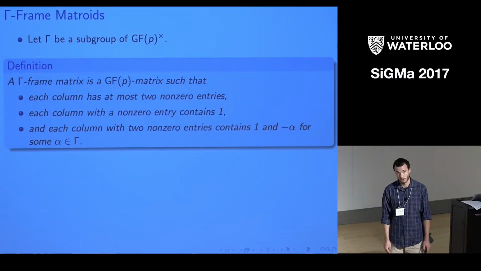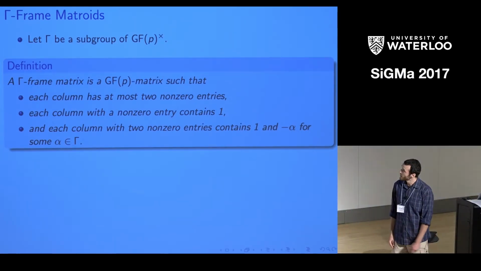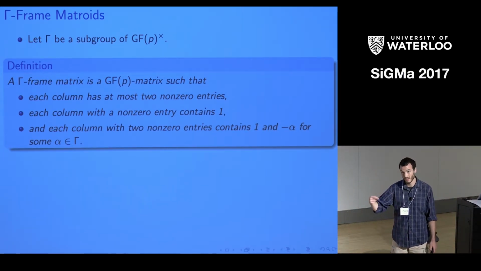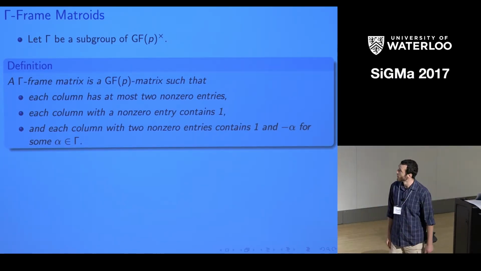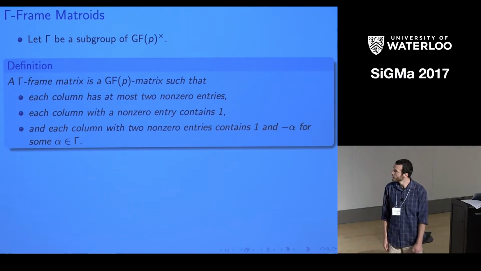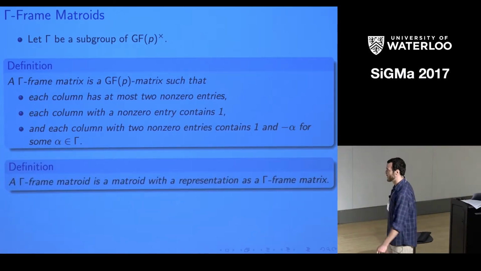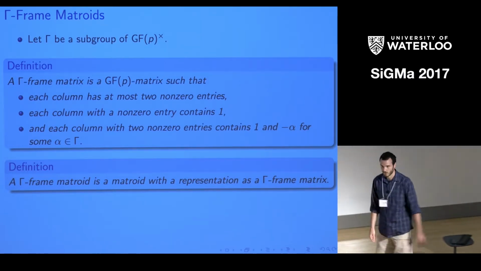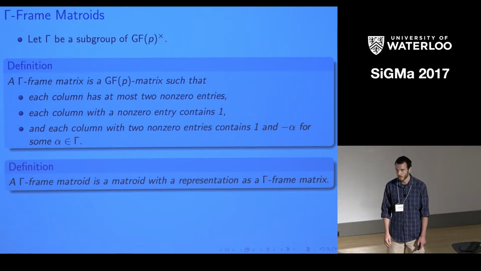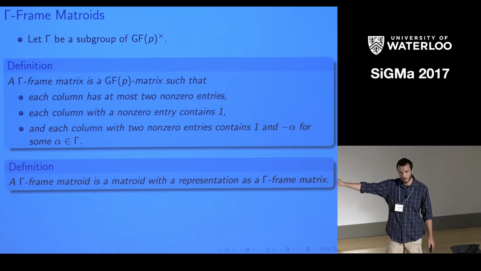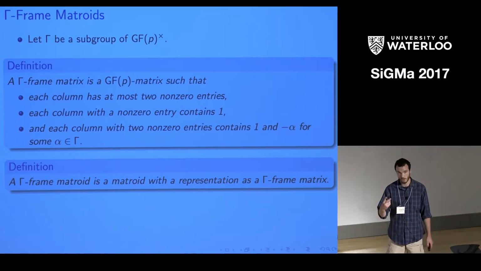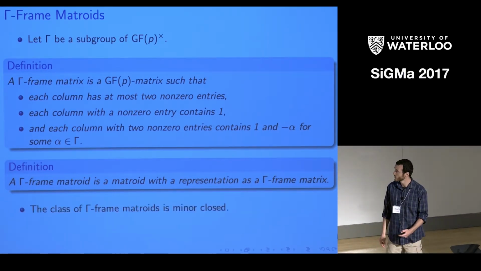Each column with a non-zero entry contains a 1. And each column with 2 non-zero entries contains a 1 and negative alpha for some alpha in our subgroup gamma. And then a gamma frame matroid is a matroid with a representation as a gamma frame matrix. For this talk, you don't need to worry about this definition too much. We just need 2 properties of gamma frame matroids.